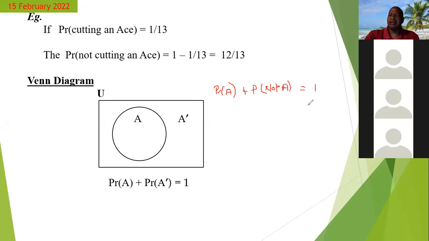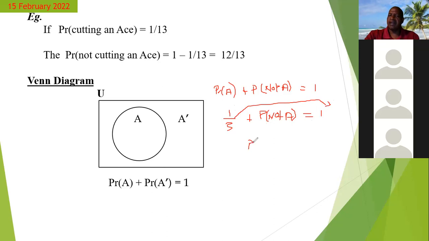So that's an equation. If you know the probability of getting an ace is 1 over 13, that plus the probability of not getting an ace would be equal to 1. Just as you would solve an equation for x, you would bring the 1 over 13 to the other side of the equation and subtract it.